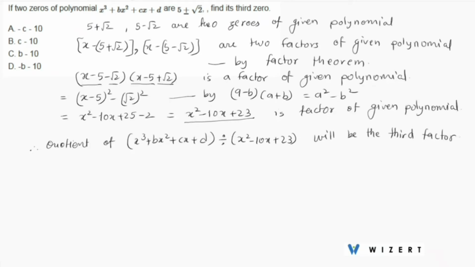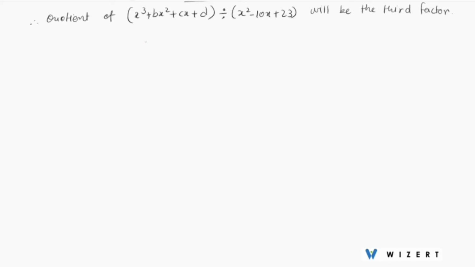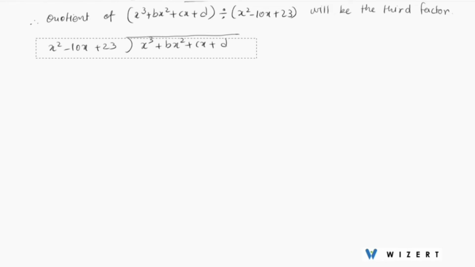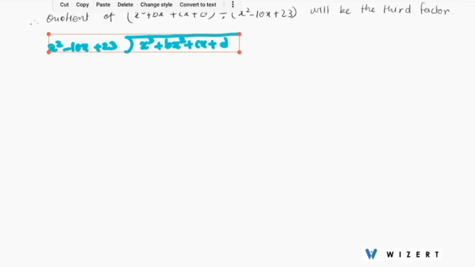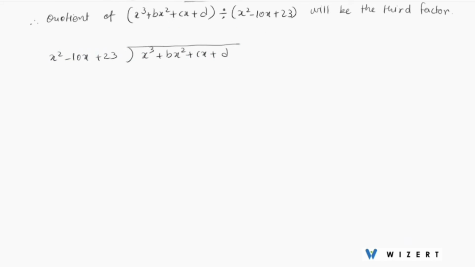Now from this factor we can get the third root. So let's perform this division. So x cube plus bx square plus cx plus d when divided by x square minus 10x plus 23. Now when we perform this division, the quotient of the division is our required factor, and since this is given as factor, the remainder has to be 0.